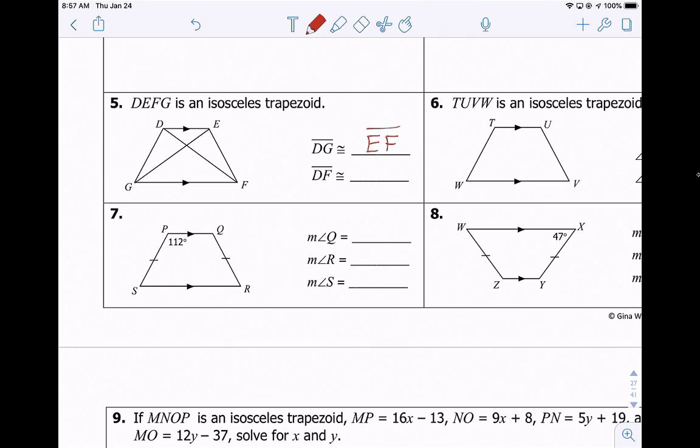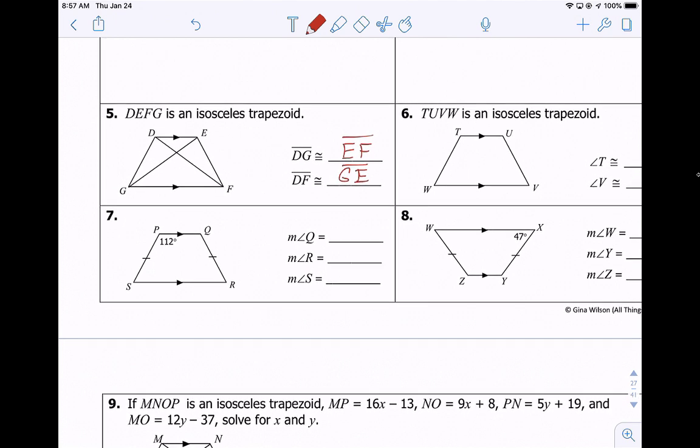All right, now remember, if the shape is not slanted, which technically the isosceles trapezoid is not, the diagonals would be congruent. So DF would be congruent to the other diagonal, which is, in this case, GE. You could have said EG, and you could have said FE. Doesn't matter the order, just as long as the letters are correct. That's pretty straightforward.